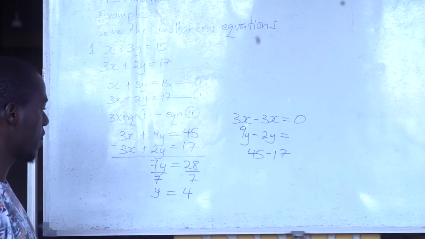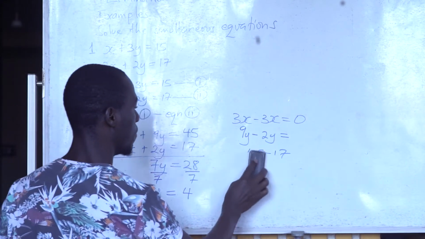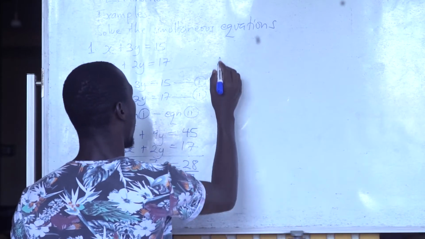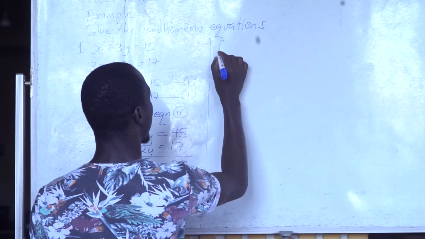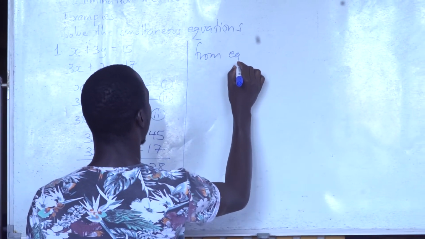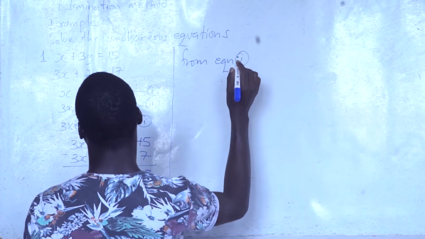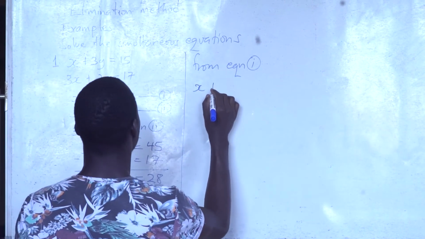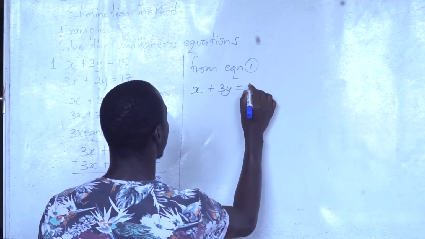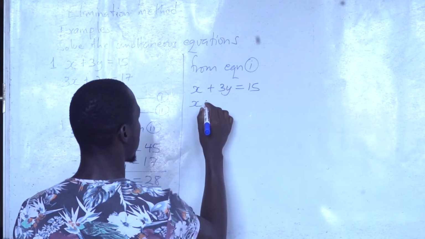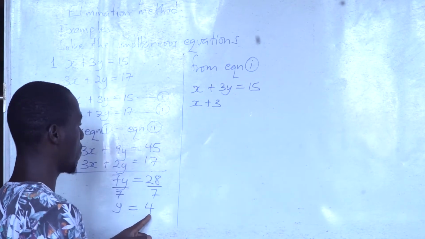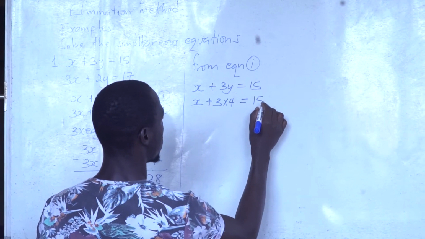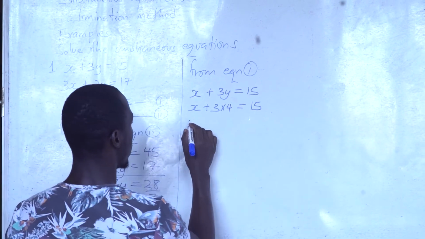Then I must get my x value. From equation 1, which is x plus 3y is equivalent to 15, this is x plus, I substitute my value of y, that is 3 times 4, to give me 15.